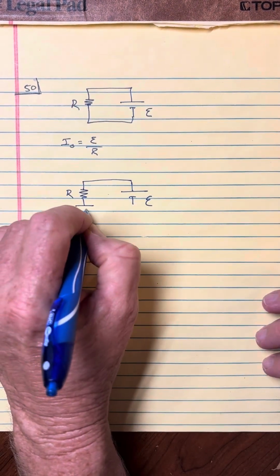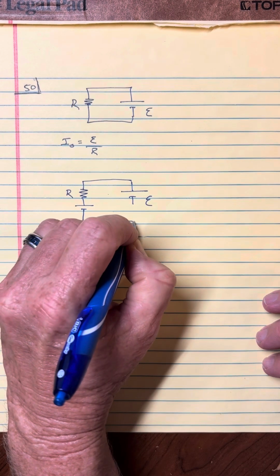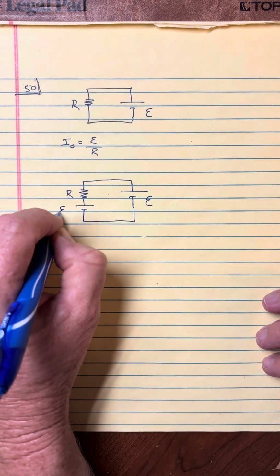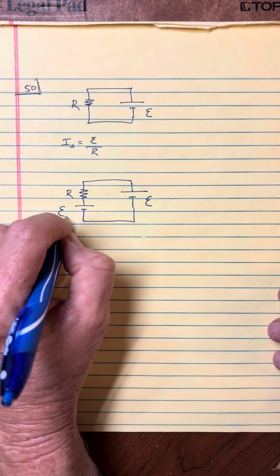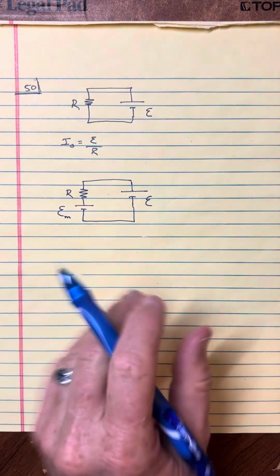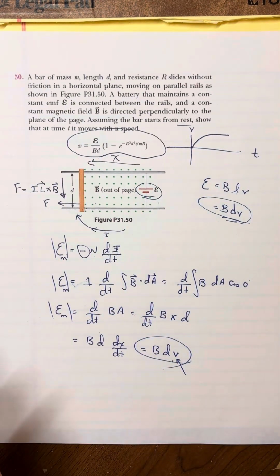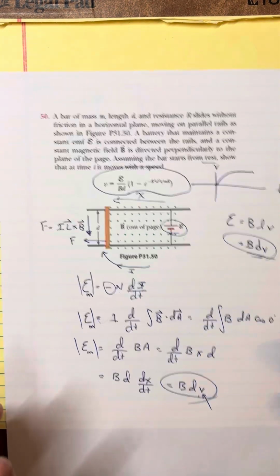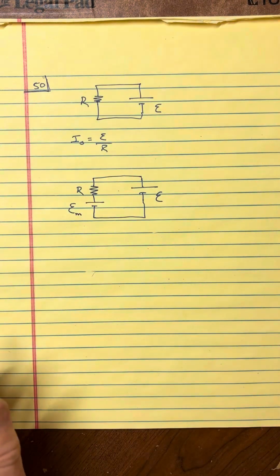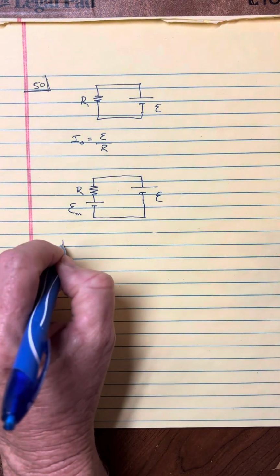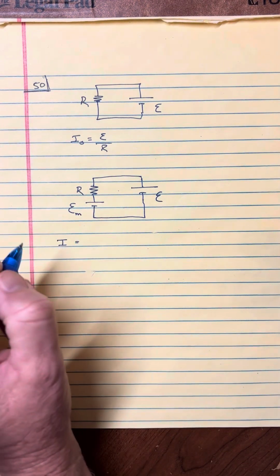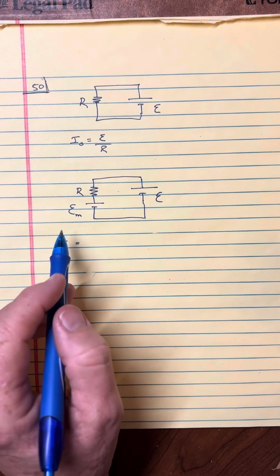But because it's moving in a magnetic field, we would then have an induced EMF. And this would be a good way of writing a circuit diagram of what's going on in this problem in terms of electronics here.